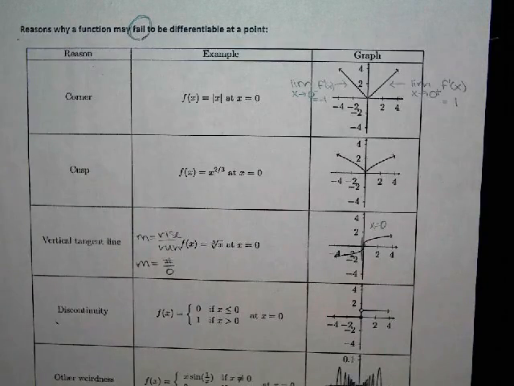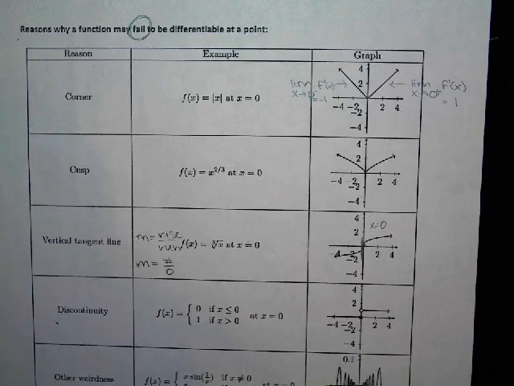So when you're talking about differentiability, you're mostly interested in: is there a spot where there's a corner? Is there a spot where there's a cusp? We recognize that a lot of graphs act in predictable ways for most of the graph, and then maybe they have one weird little spot.